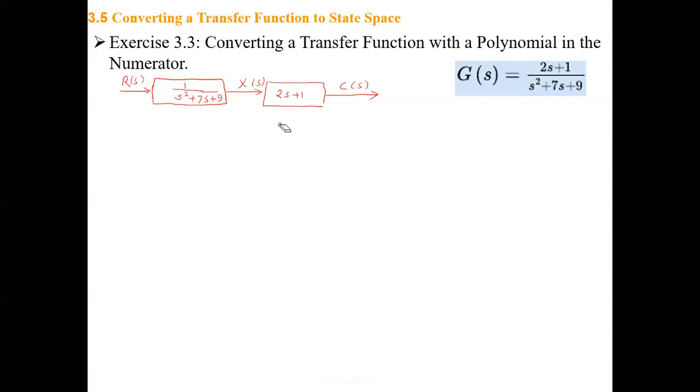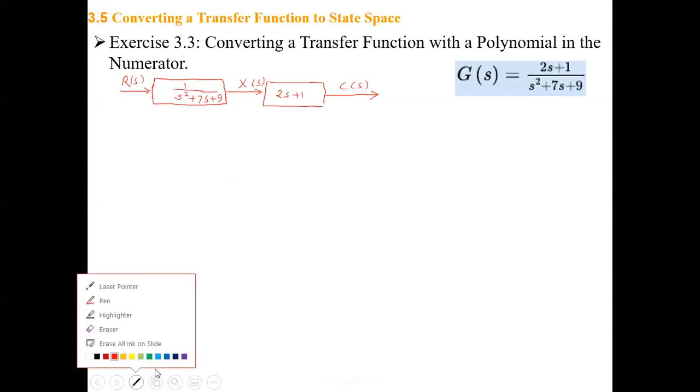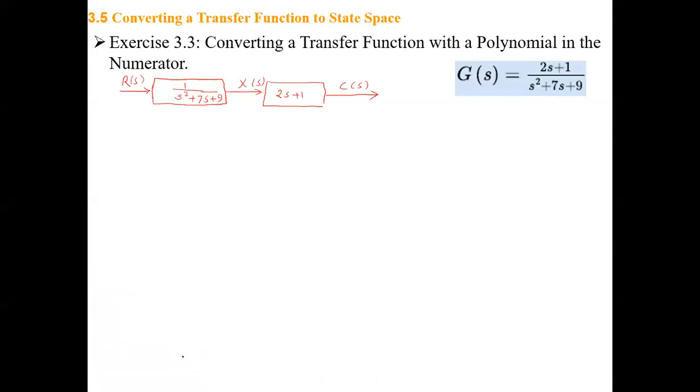All right, so let's talk about the first block first, meaning this guy. So how do you handle this, from here to here? What is your transfer function here? If you consider this block only, your transfer function will be output over input, right?